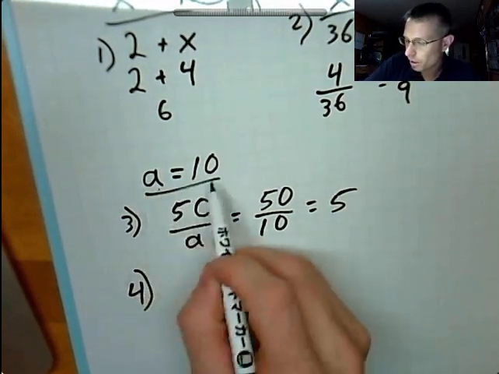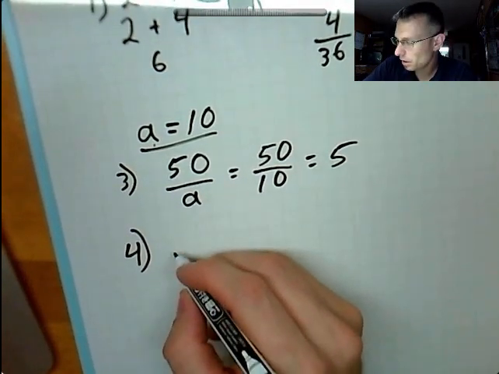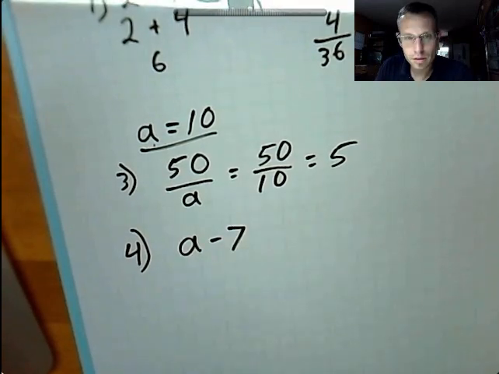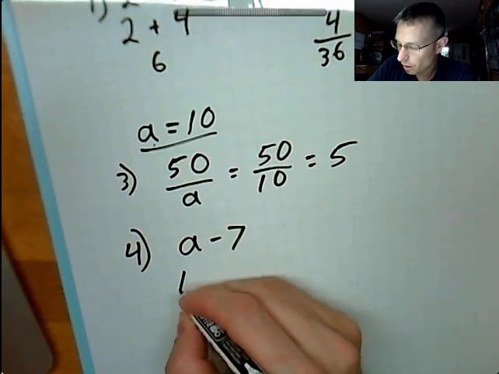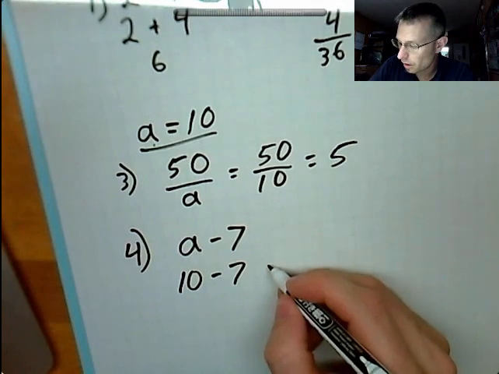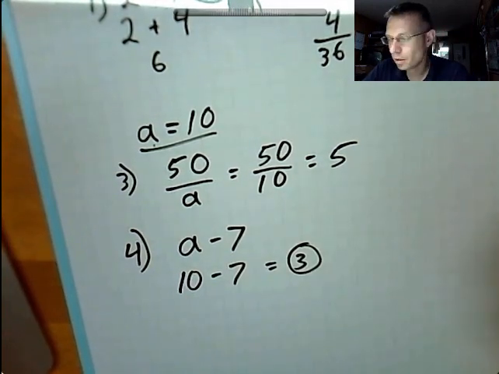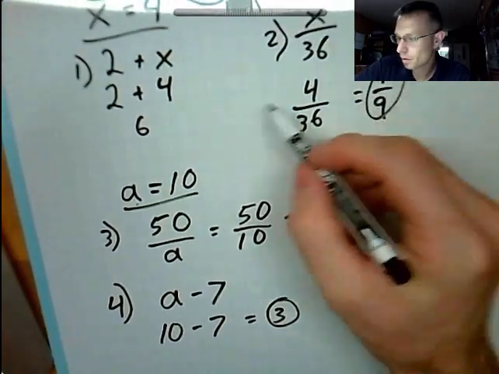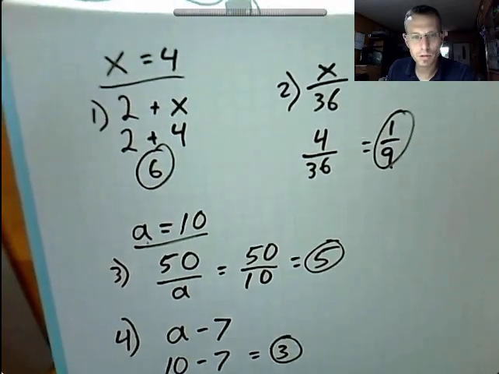And last one, again we'll have A equal to 10, and we will say, how about A minus 7? If we put 10 in for A, we get 10 minus 7, and that equals 3. So that would be our answer here. I'll just circle those in. Okay, so there are a few examples for you.